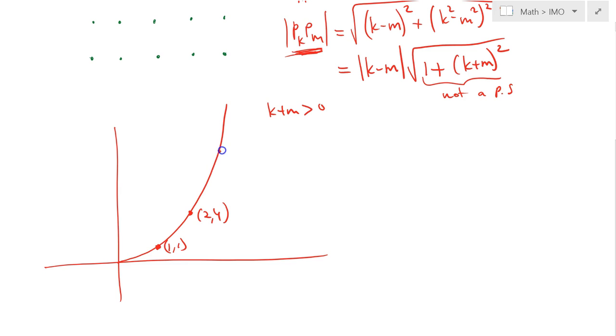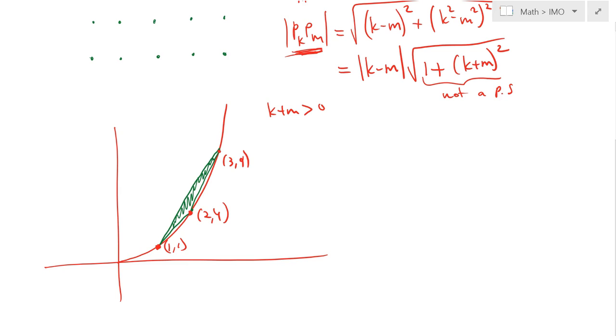So anytime you pick 3 points, for instance the first 3 points, this triangle is non-degenerate because those 3 points are not collinear.